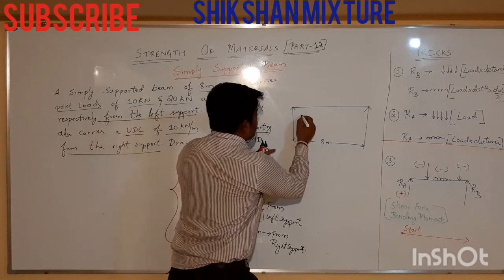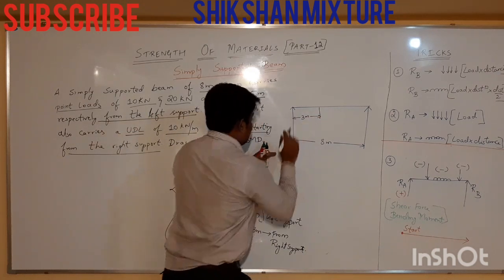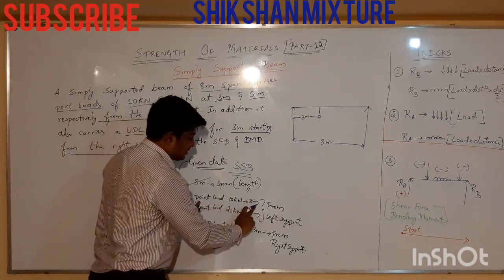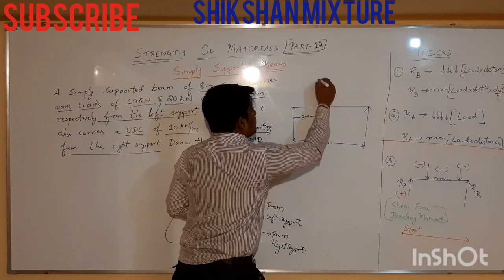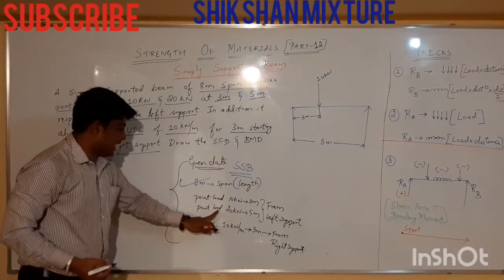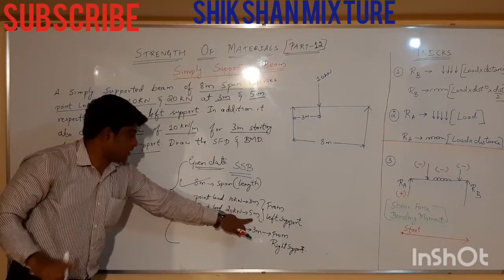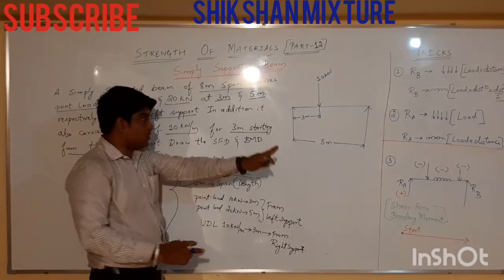From left, 3 meters, 10 kilonewton. Next, another load is there, 20 kilonewton at 5 meters, again from left support.